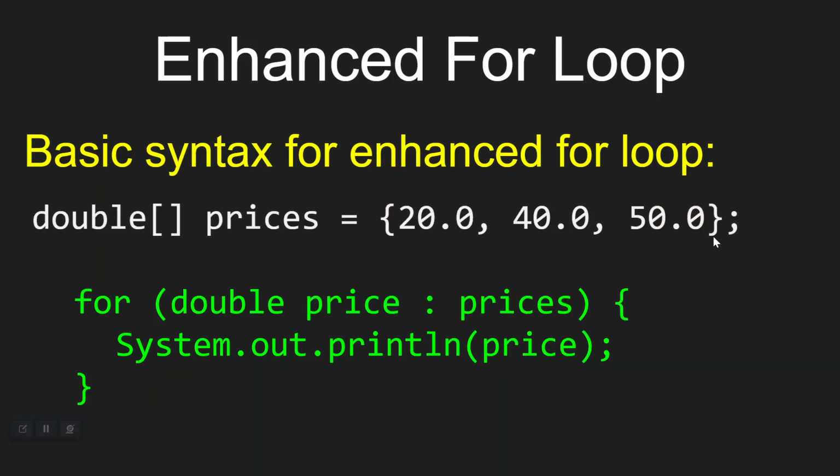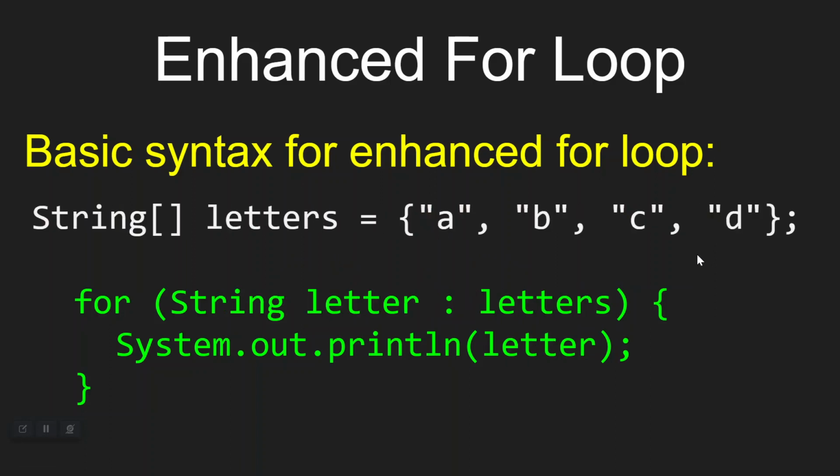Now let's go ahead and look at how we would do this if we had an array of doubles. So here is an array of doubles called prices, and here are the elements. And so now I've got for, open parentheses, double price, colon, prices, and then our print statement, and price is what goes on the inside here. How about if we had an array of strings?